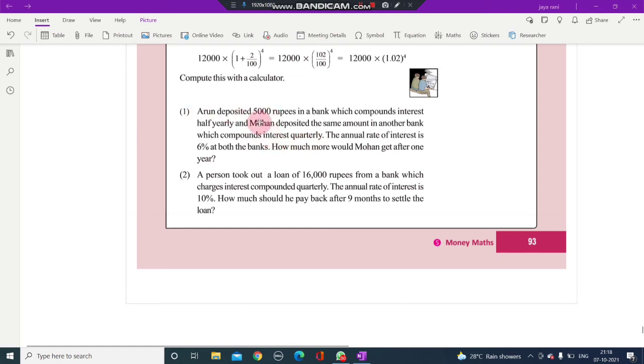Arun got half yearly compound interest, whereas Mohan got quarterly compound interest. So we need to calculate both amounts, what Arun gets and what Mohan gets after 1 year. First we are going to find the amount got by Arun.